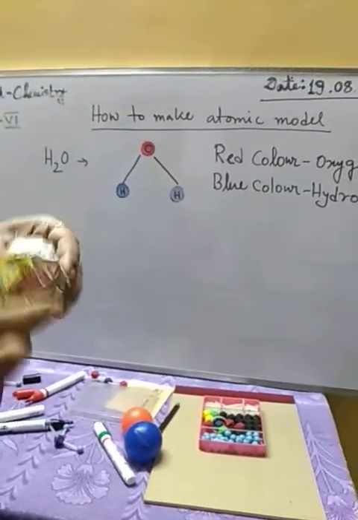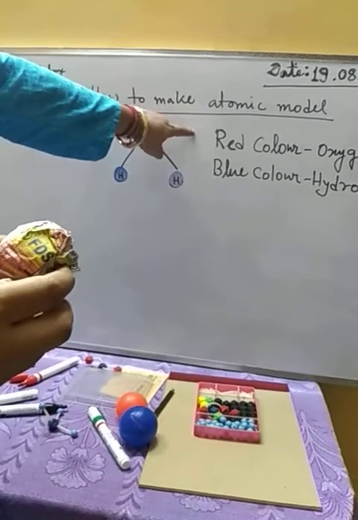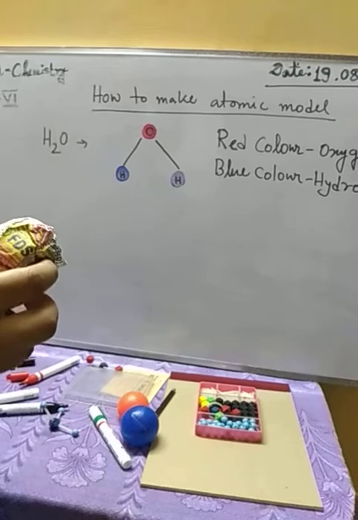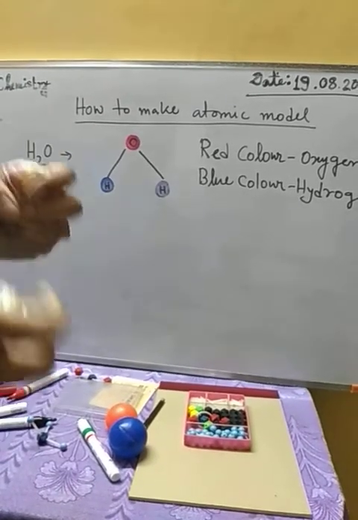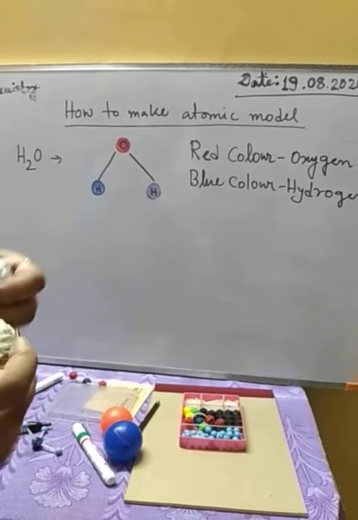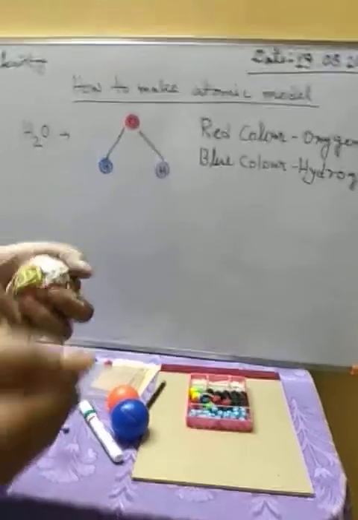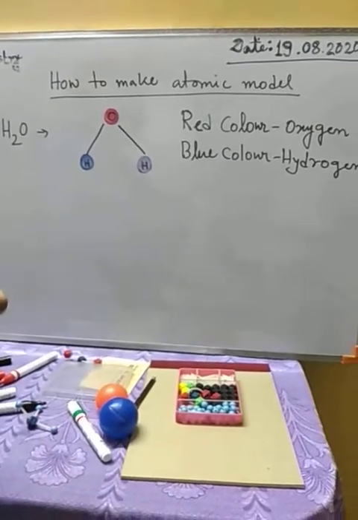Okay, and on that white paper you are going to color it. For oxygen, as we have already said, red color should be used. So one red ball you are going to make for oxygen, and in the same manner you are going to make two balls for hydrogen, and you have to color them blue.